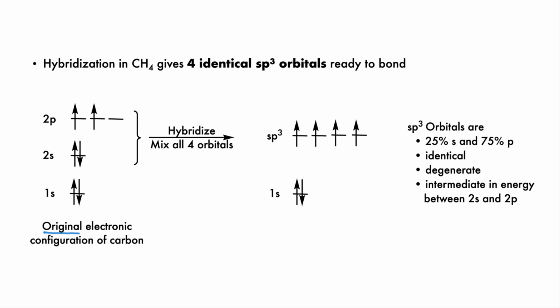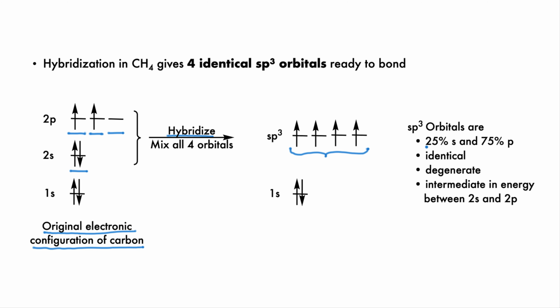Let's go through the entire process starting with the original electronic configuration of atomic carbon. We take one 2s and all three 2p orbitals and we hybridize. That is, we mix them together. Then we get out 4 new sp3 hybridized orbitals. We take 4 orbitals and we must get 4 orbitals.